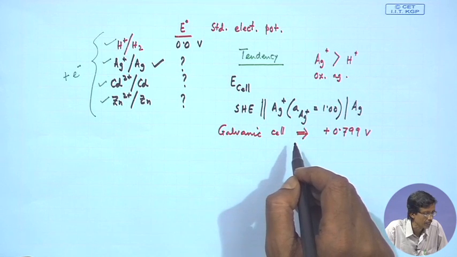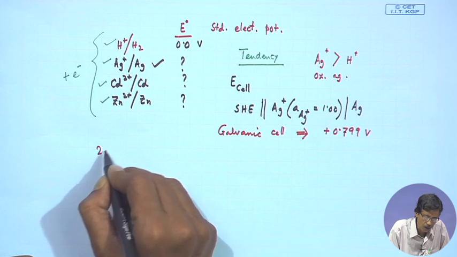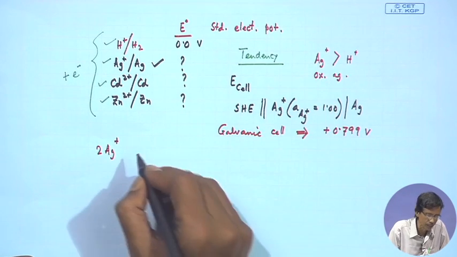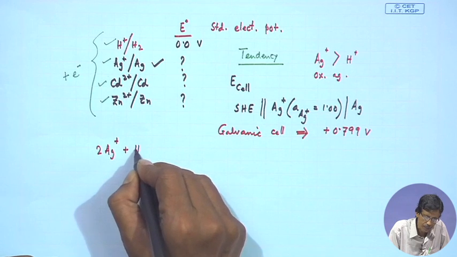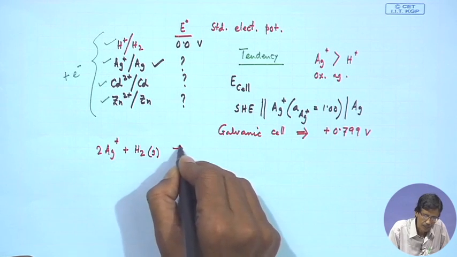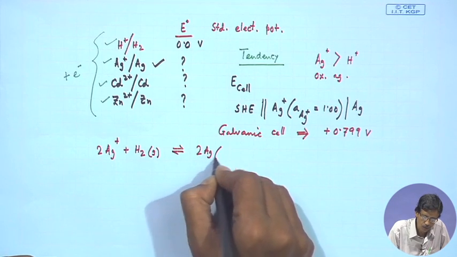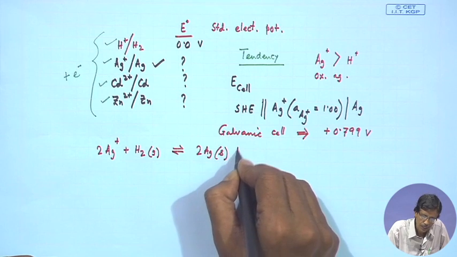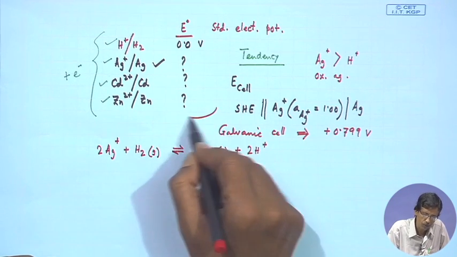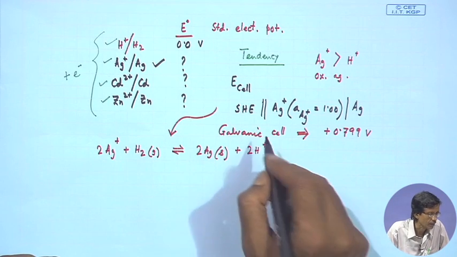For a particular reaction, this will have more tendency to react with hydrogen gas, giving rise to the reduction of silver as solid and 2 H plus. This is the corresponding cell reaction, and the measured potential is what we will be getting.